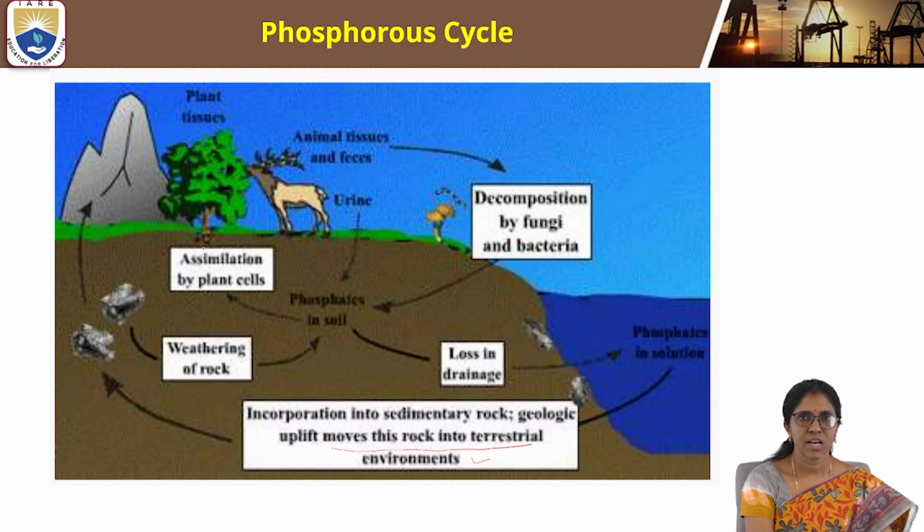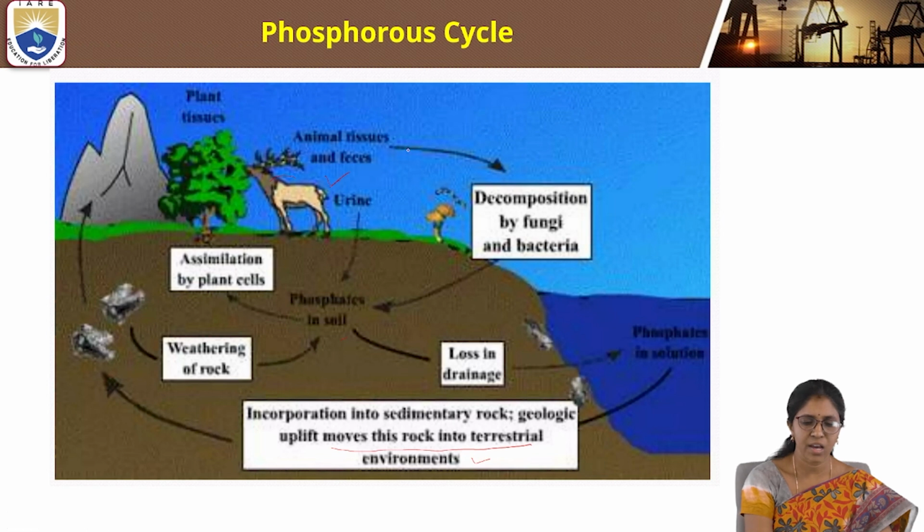These are assimilated by the plant cells and used for their growth. Then these are consumed by secondary consumers like animals, and after these animals die, the phosphorus is again given back to the soil.